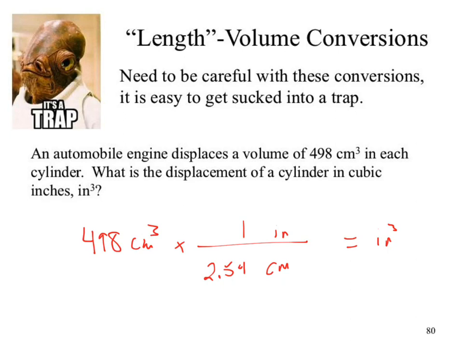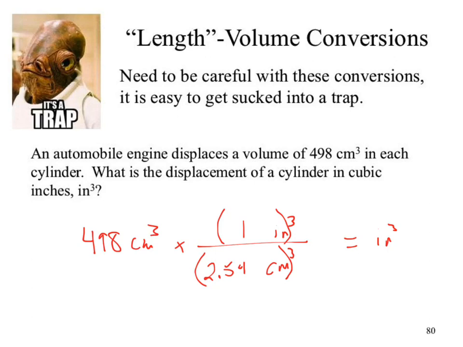But it says cubed. Okay, so cubed. If I drop in the parentheses, it's okay. Or I could do it 3 times. So this is not 498 divided by 2.54.